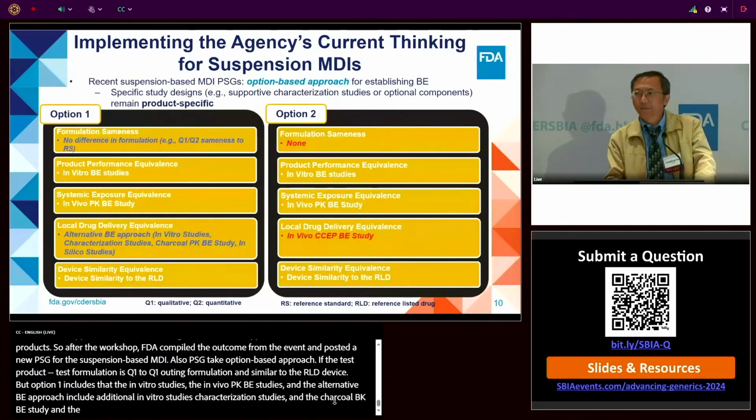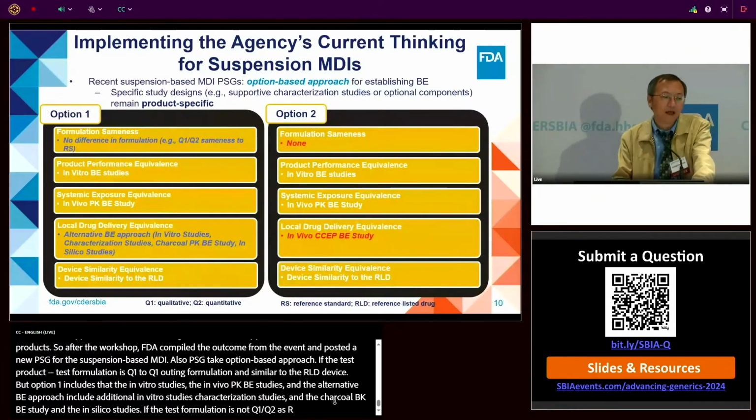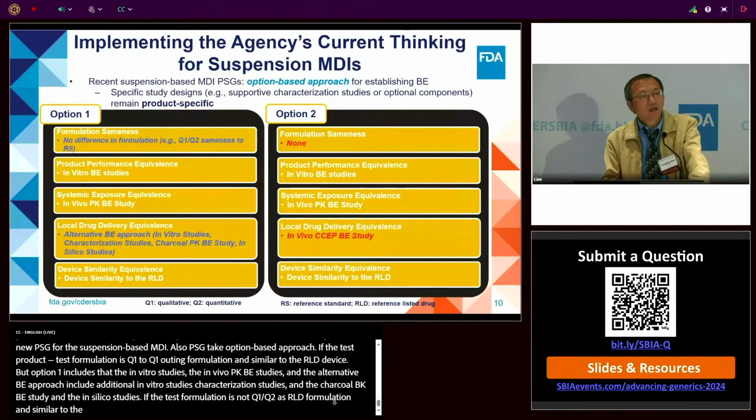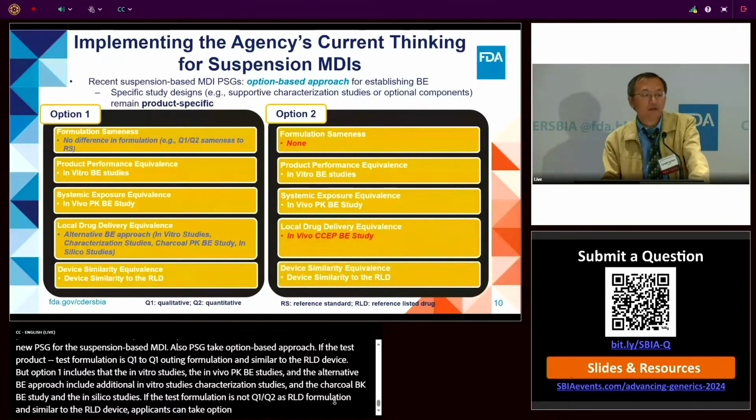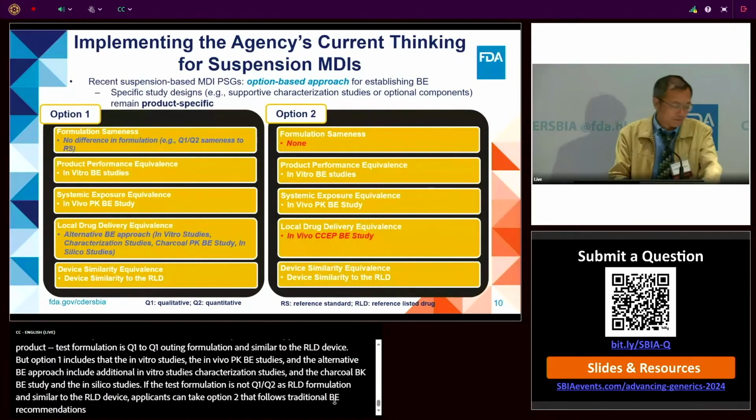If the test formulation is not Q1, Q2 as the RLD formulation, and the test device is similar to the RLD device, the applicants can take option 2 that follows traditional BE recommendations that include a clinical study.